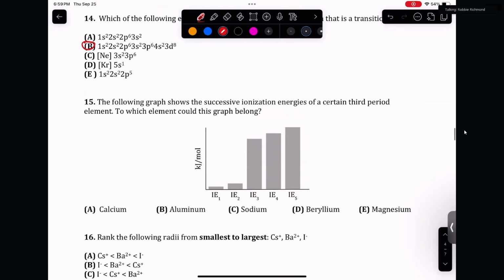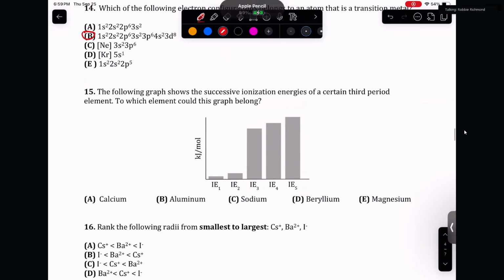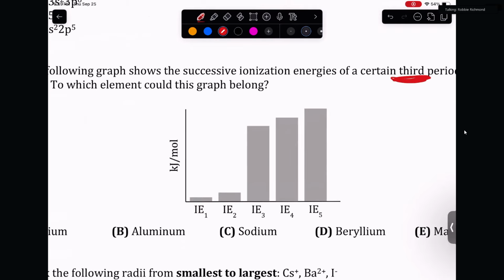Cool. The following graph shows successive ionization energies from a certain third period element. To which element could this graph belong? Alrighty. Remember, this is normal, just normal charge. It lost one electron and it cost that much energy. Then it lost a second one, cost that much energy.